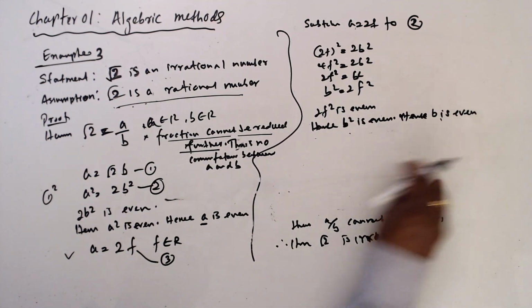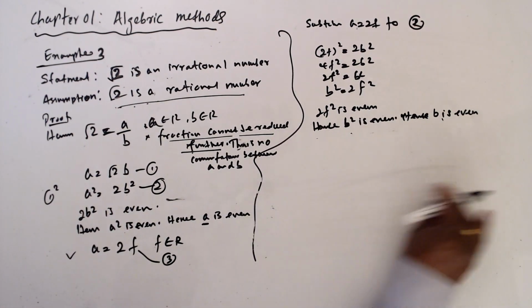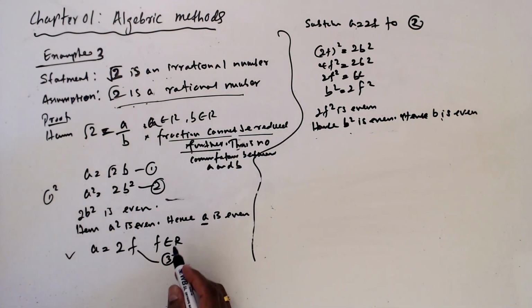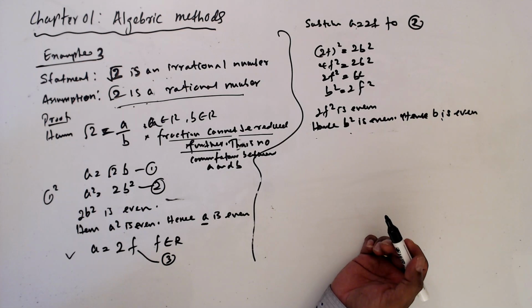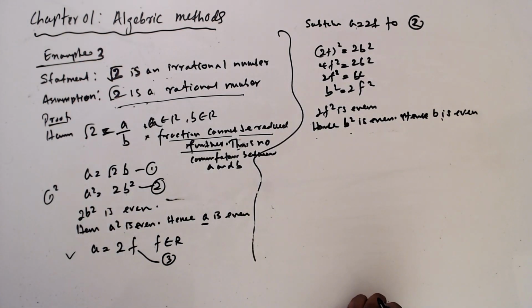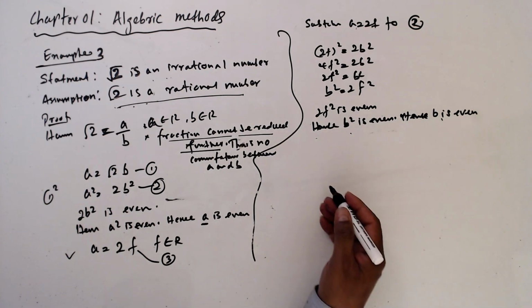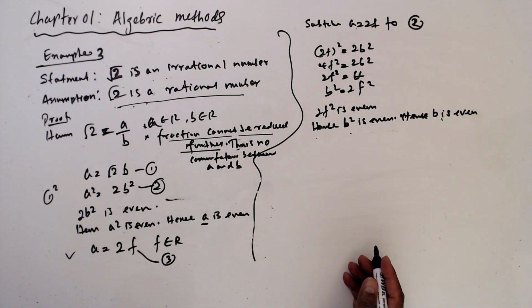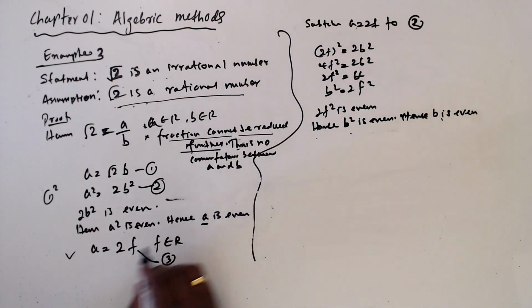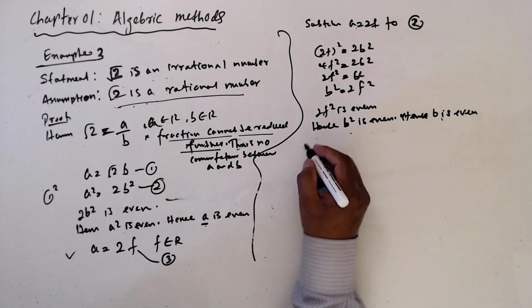Then we will simplify. We can give it this way. So we said this is even and this is even. Then that means that there is a common factor. So previously I did one more extra step ahead. So you can conclude that now we tell that a is even, b is even.